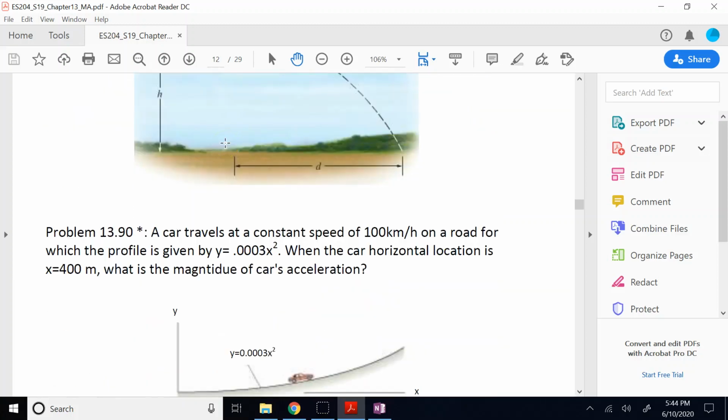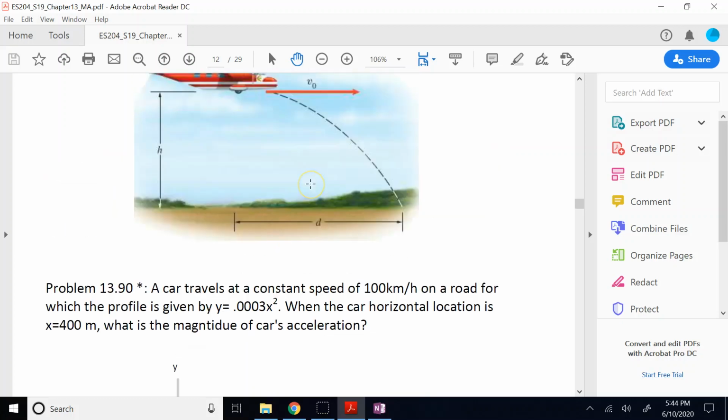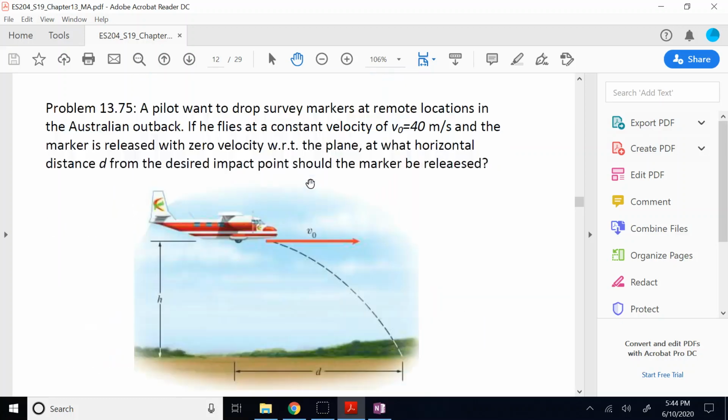Then, to go more in depth of XY motion or rectangular motion, in the classroom, we're going to go through problem 1390, which is a star problem, so it is more difficult than a regular problem. And for this, we have to do a ton of chain rule and implicit derivatives. So we're going to do this in class, but I want to first give you a couple more formulas on the top of lecture, and we solve this problem together, and then we continue.